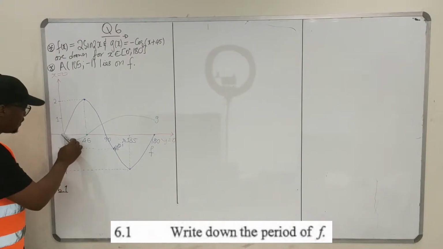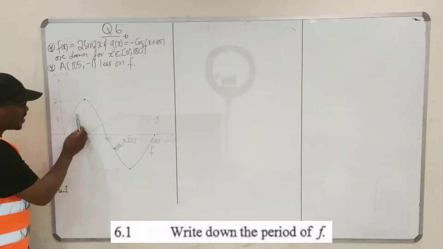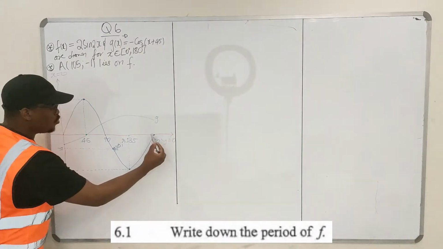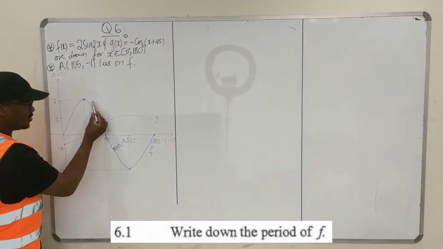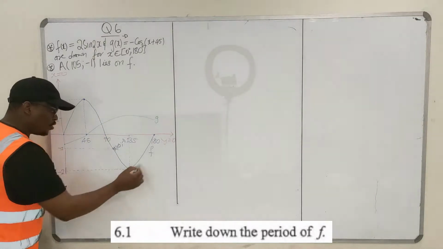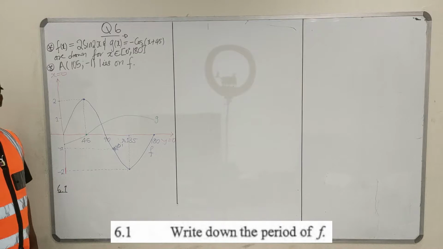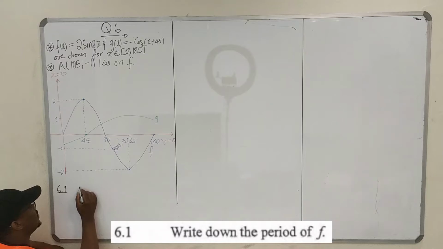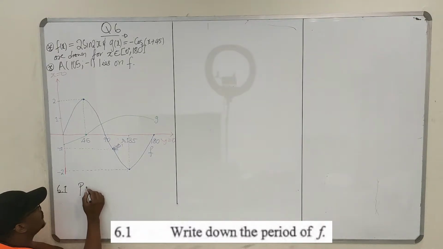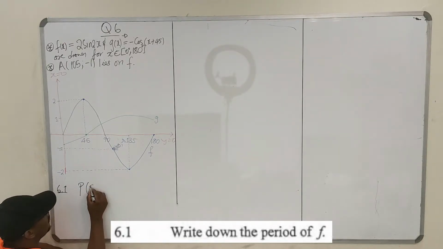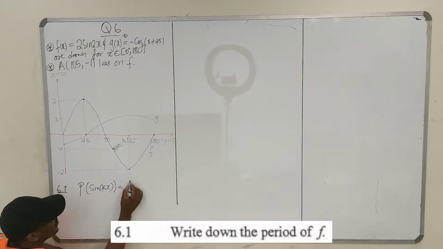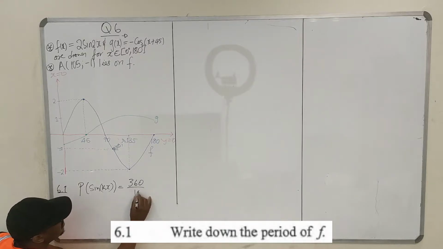As you can see, it starts here at 0 and goes there. If you extend it again, you will see that you are duplicating this part already. So one full oscillation of this graph is 180 degrees. But if you can't look at it that way, you can say the period of sine kx is equal to 360 degrees over k.